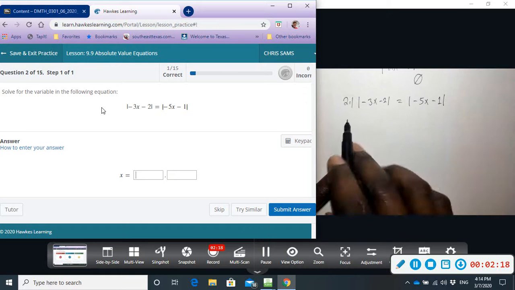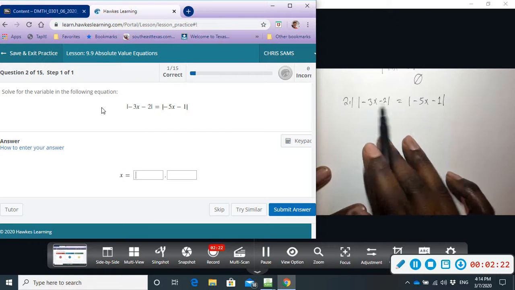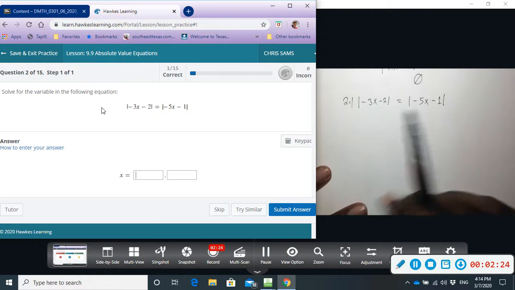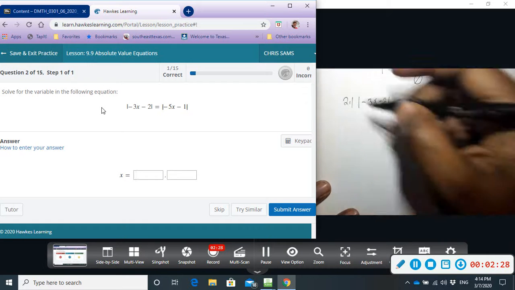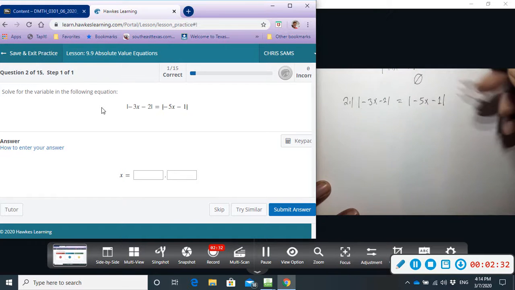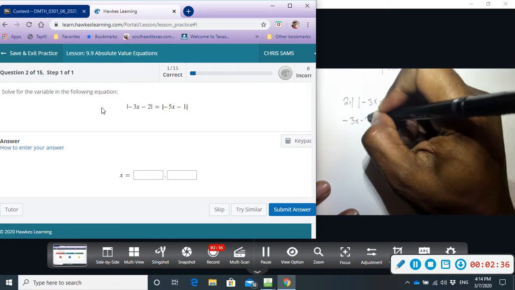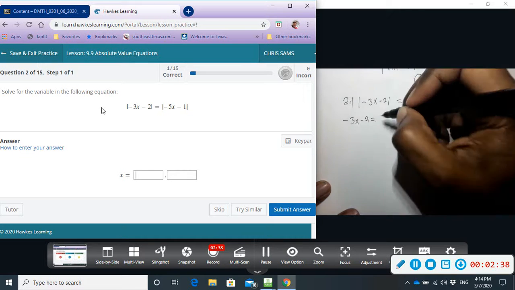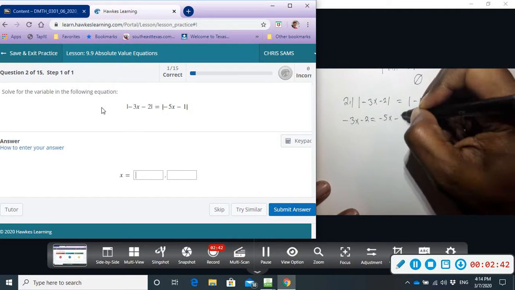Okay, we're going to solve this problem twice. We're going to do it without the absolute value bars, and we're going to do it without the absolute value bars and changing the signs of one side. Okay, so first on the left, I'm just going to drop the absolute value bars and solve this. So I have negative 3x minus 2 equals negative 5x minus 1.